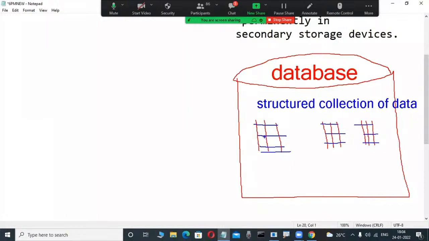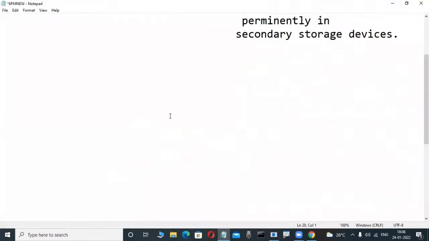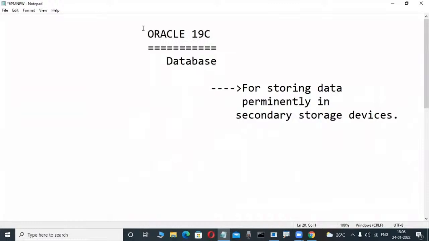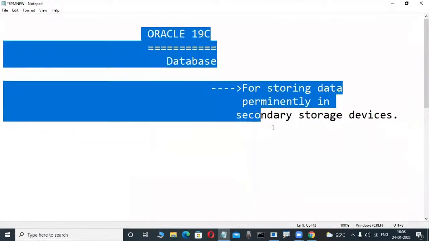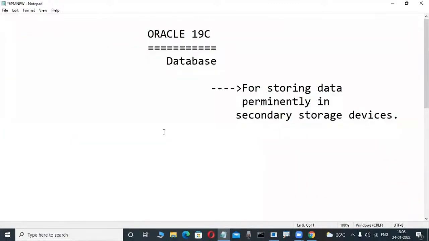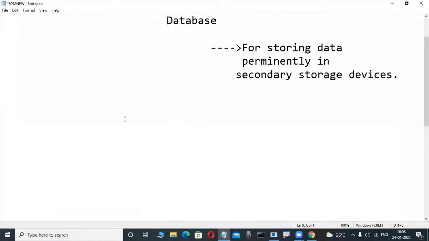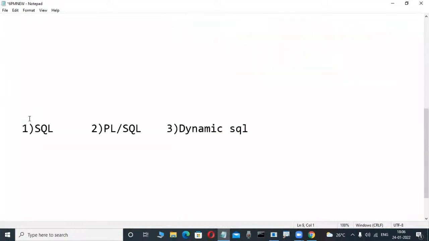Once a structured collection of data is there, for handling and operating this data, which language do we use? Very good. SQL, structured query language. That's why these databases are implemented based on the relational data model. What is that? Today I will tell you. Databases like Oracle, SQL Server, DB2, Sybase, MySQL are all implemented based on the relational data model concept.